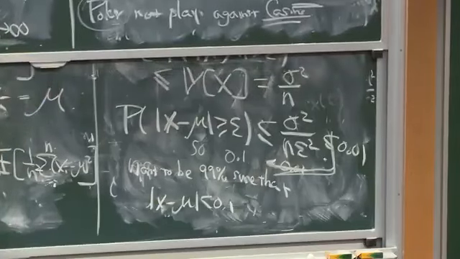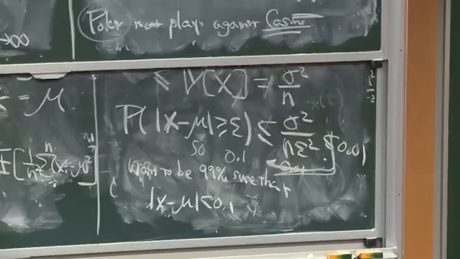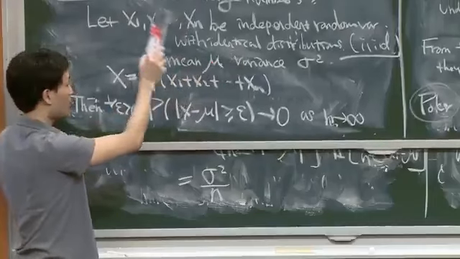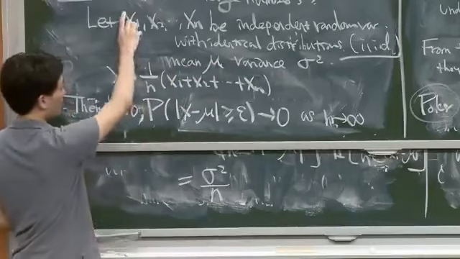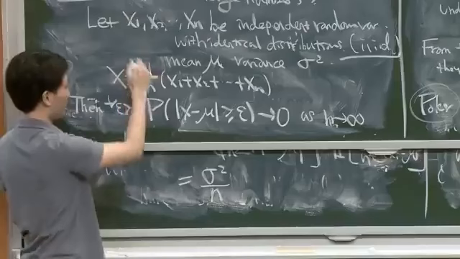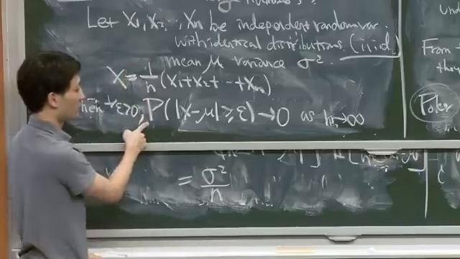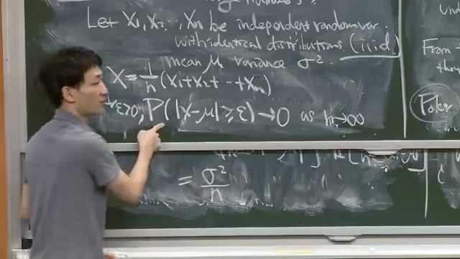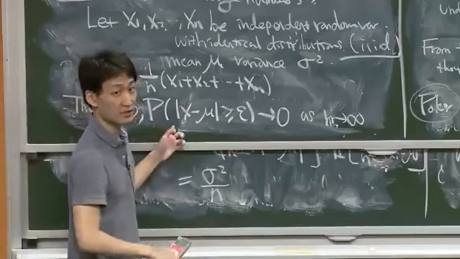Okay, so one more thing. For those who already saw law of large numbers before, the name suggests there's also something called strong law of large numbers. In that theorem, your conclusion is stronger. Okay? So the convergence is stronger than this type of convergence.